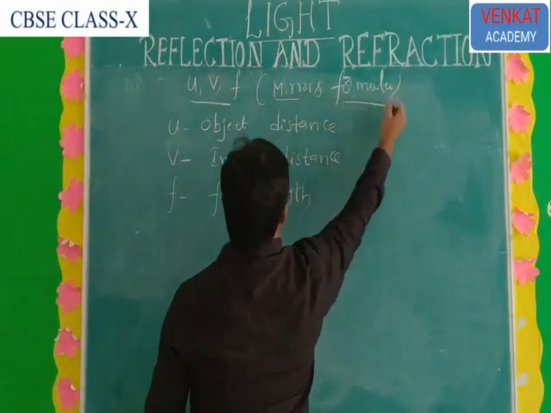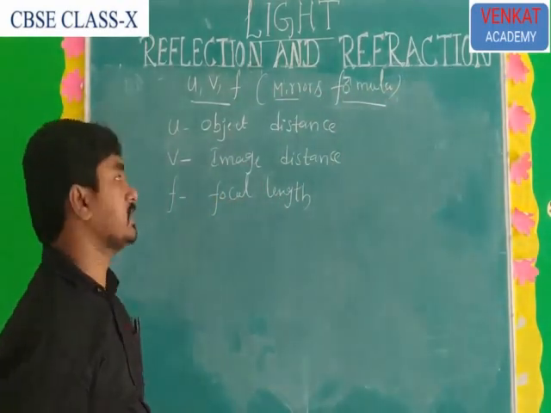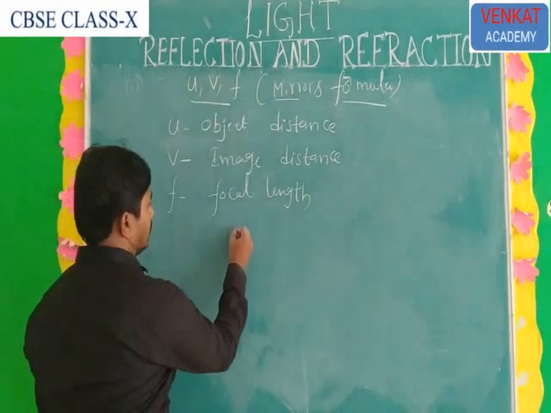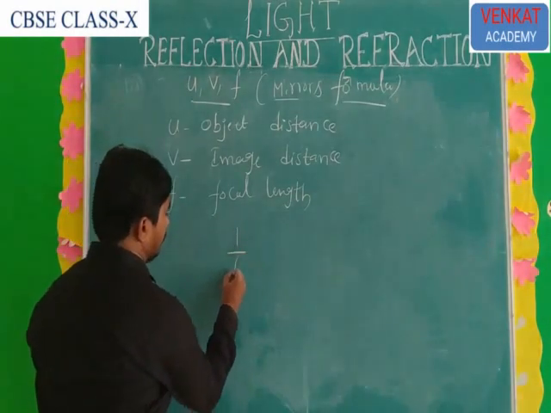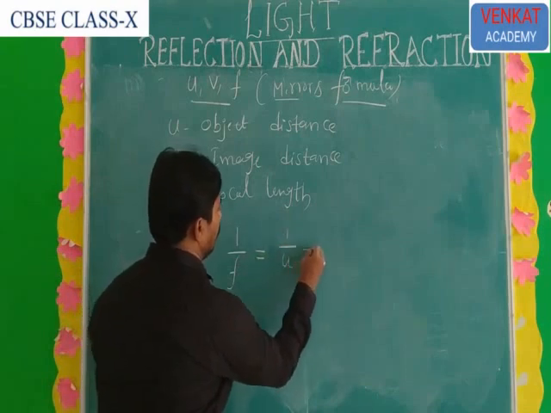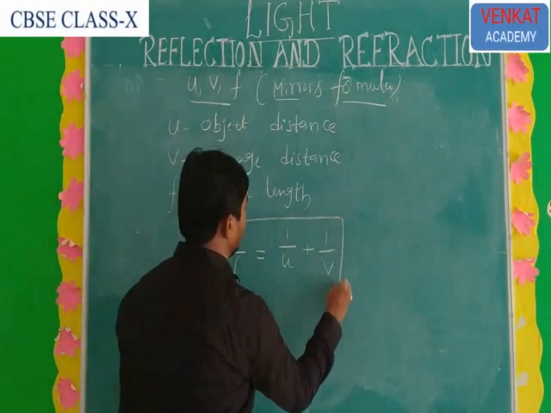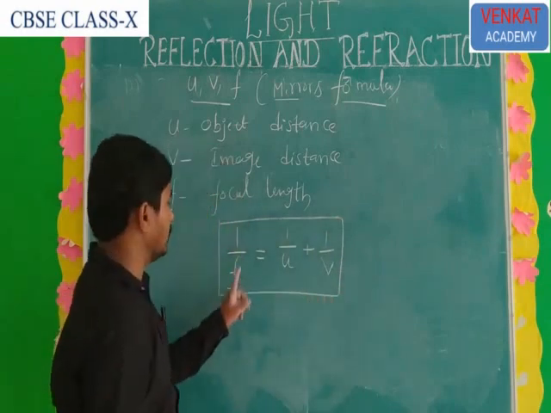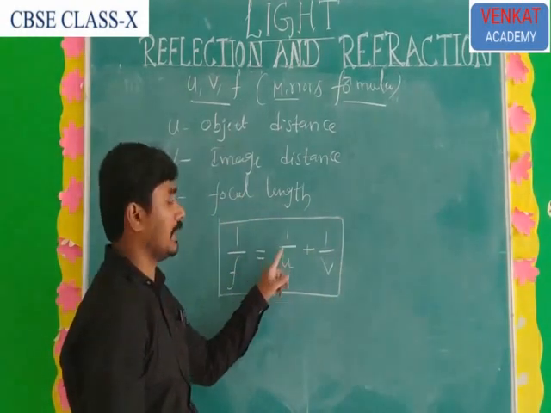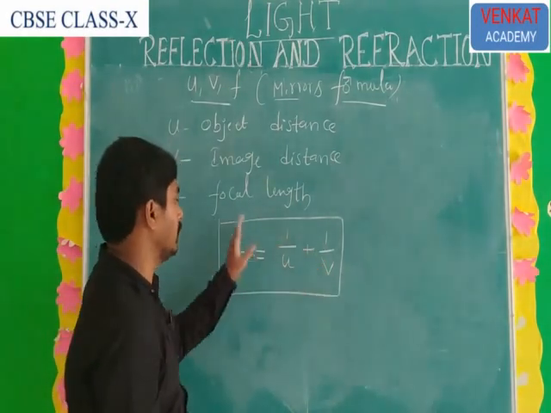Very important, this one, for concave or convex mirror. The mirror formula is 1 by F is equal to 1 by U plus 1 by V, that is, 1 by focal length is equal to 1 by object distance plus 1 by image distance. This is the relation.